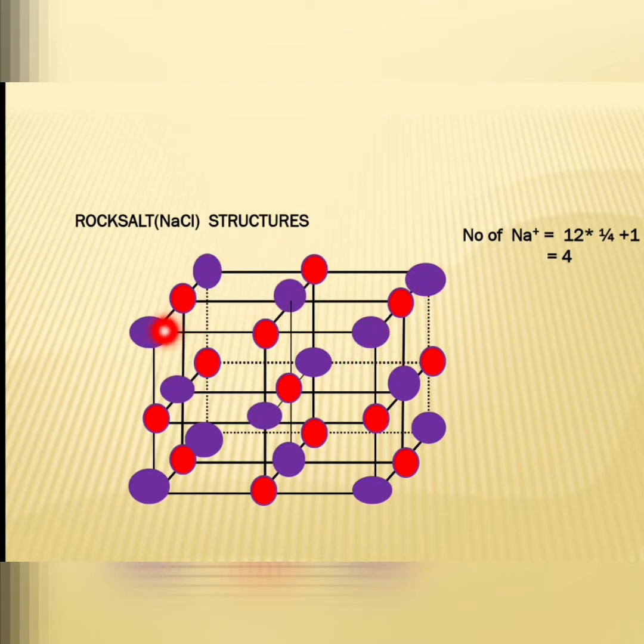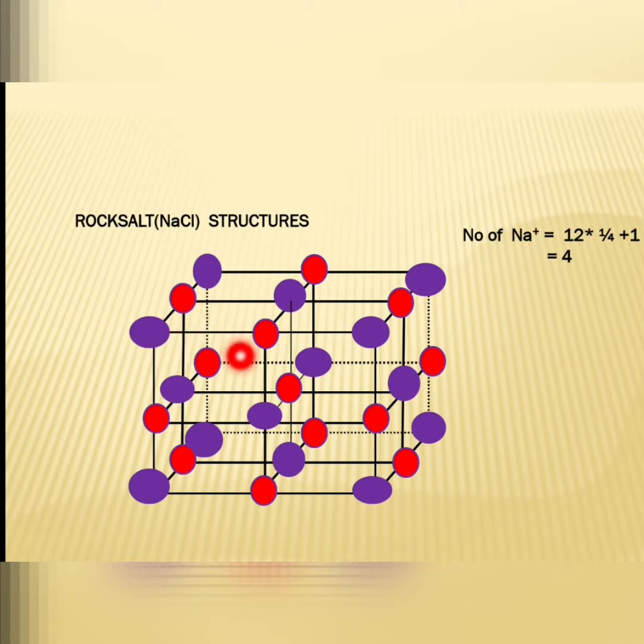In this FCC lattice, these red colored ions, which are the Na plus ions, reside in the octahedral holes. All the octahedral holes of the FCC lattice are filled by the other type of ion, that is, the Na plus ion.